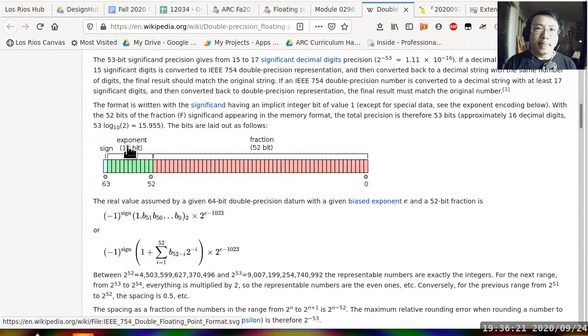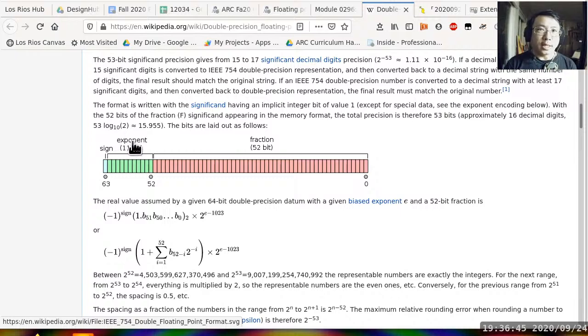We'll get to it. The next 11 bits are known as the exponent, but it's not what you think it is. These 11 bits, which are color-coded green, we'll call the biased exponent. We'll talk about this in just a little bit.